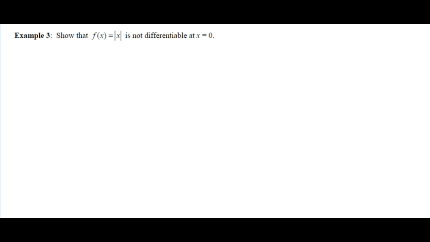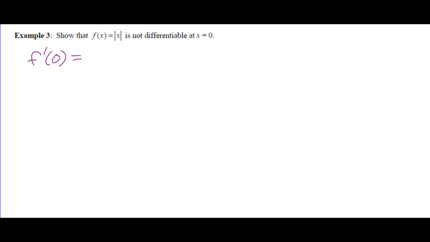Show that f of x is equal to the absolute value of x is not differentiable at x equals 0. Okay, so we want f prime of 0, right? We want to find, well, we're going to say, can we find f prime at 0?